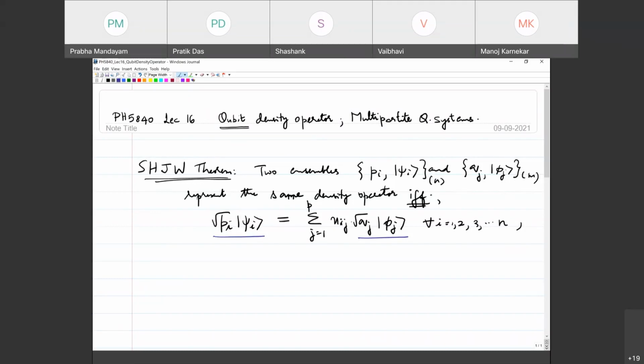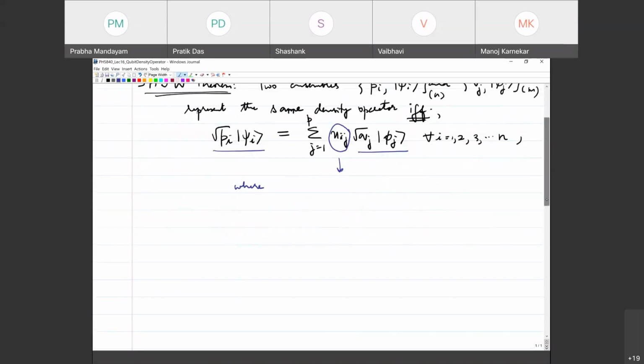And the key point is that these coefficients have to be drawn from a unitary matrix. Call this some U, a P cross P unitary matrix, and P is whichever is the larger of n and m.